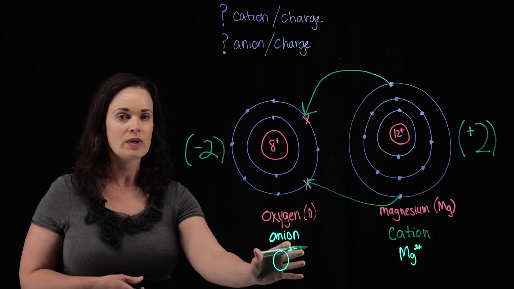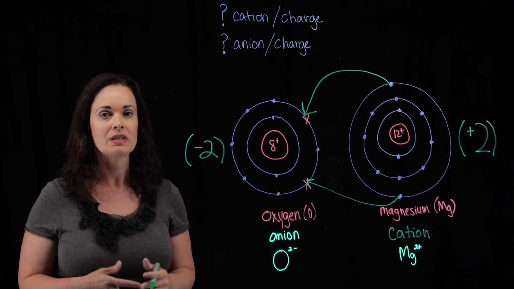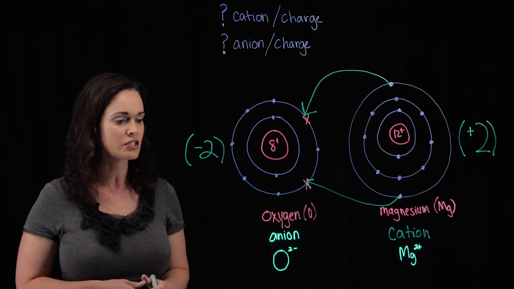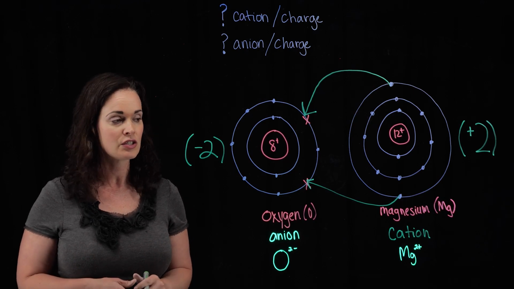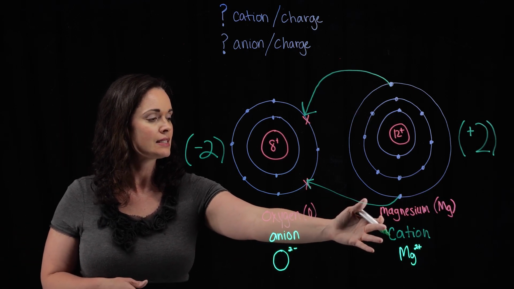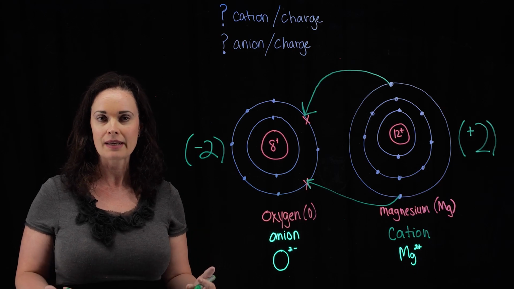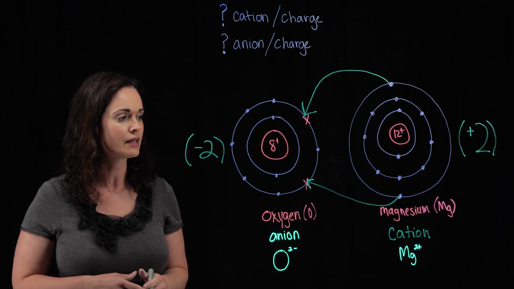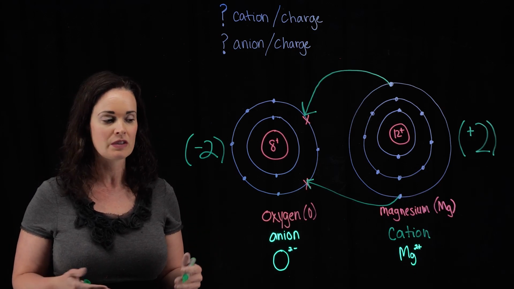The oxygen is going to become our anion, right? Because an anion is a negatively charged ion, and the oxygen has taken 2 extra electrons. Our magnesium is going to become our cation, our positively charged ion, because it has given up 2 of its electrons.